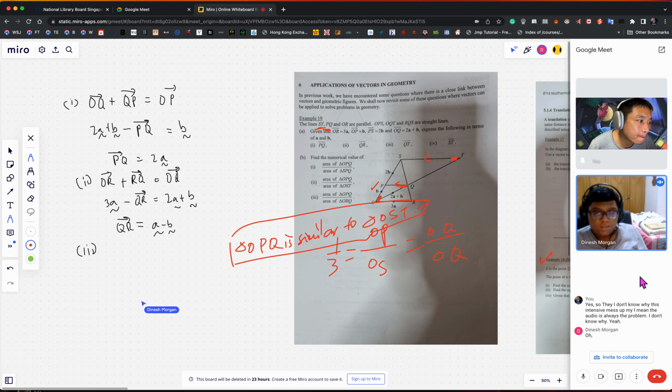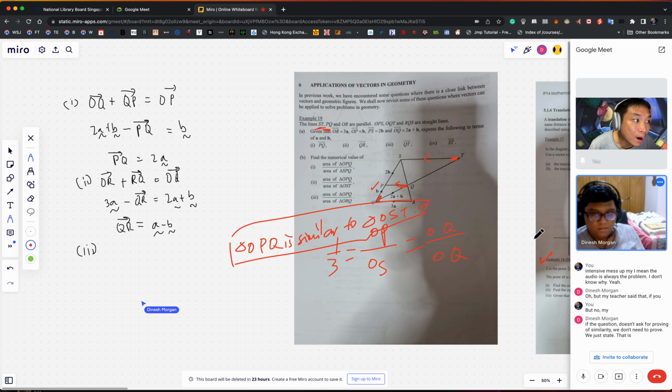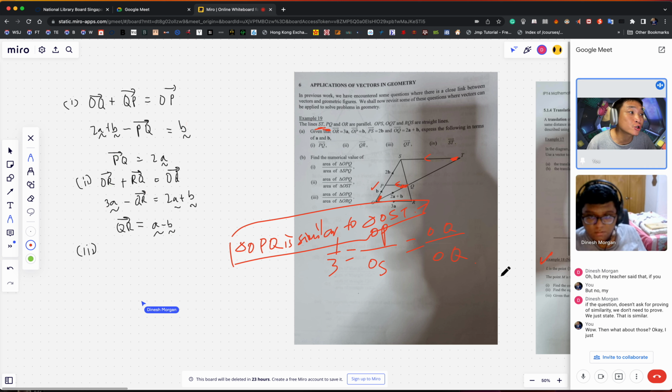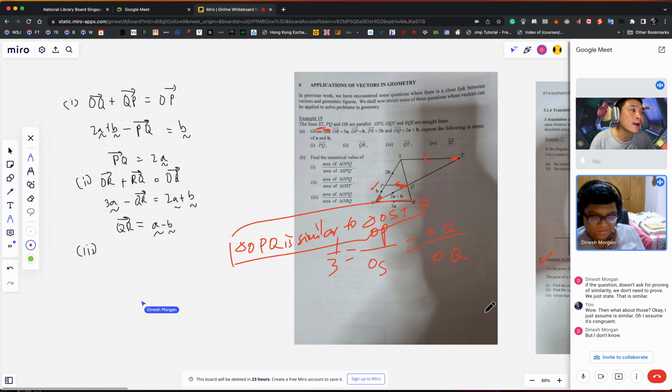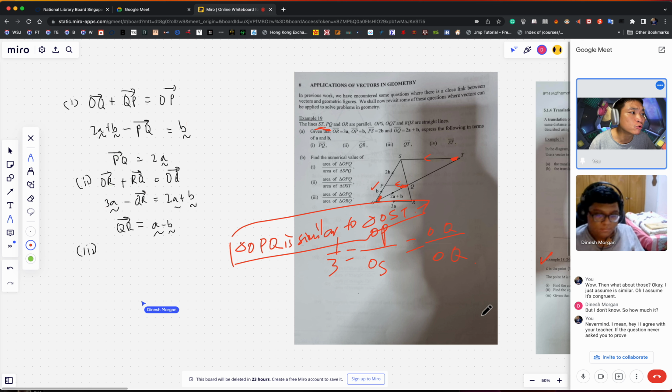But my teacher said that if the question doesn't ask for proving of similarity, we don't need to prove. We just state that it's similar. I just assume it's similar, or I assume it's congruent. I agree with your teacher. If the question never asks you to prove that, then you don't have to prove that.